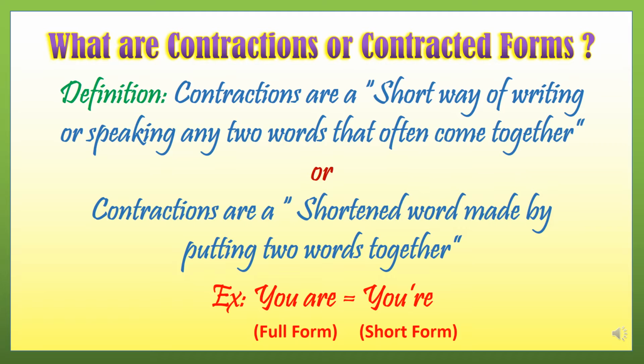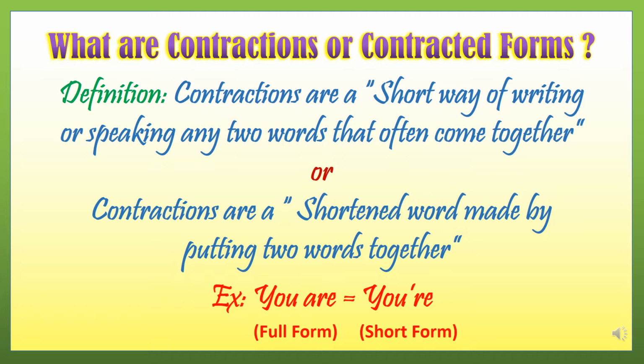That means a contraction is a single word which is formed by combining two words and replacing one or more letters with an apostrophe. Contractions are also called as short forms. Here, you are is a full form.